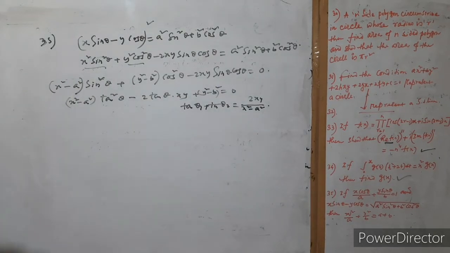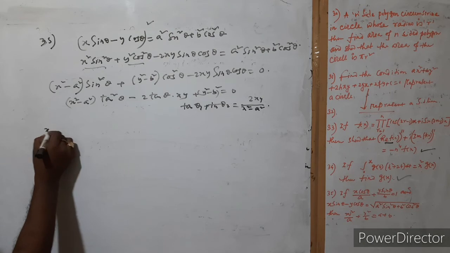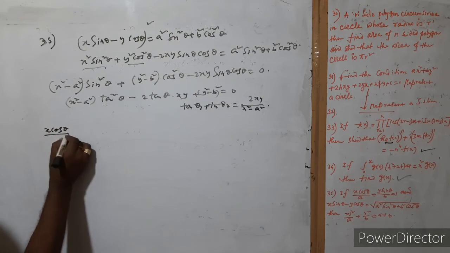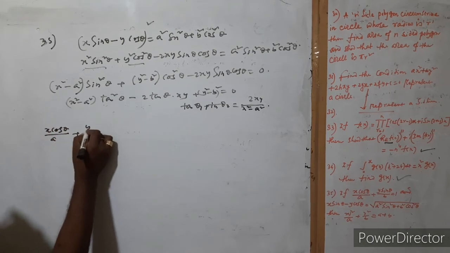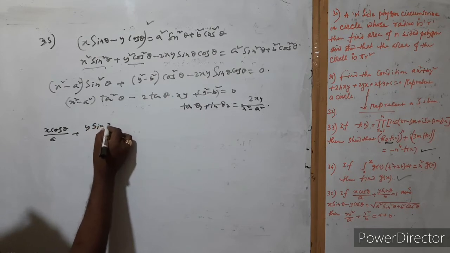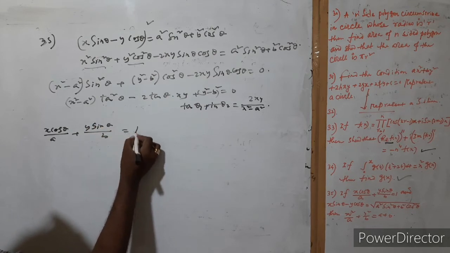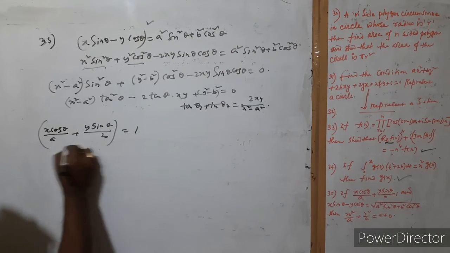And from the second, that is x cos theta by a plus y sin theta by b is equal to 1, squaring both sides.